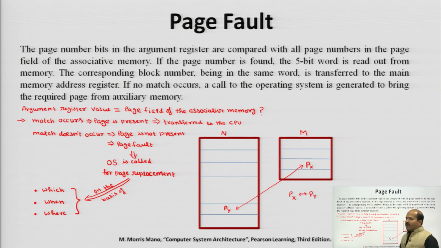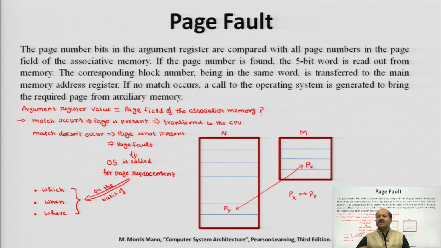And if a match does not occur, the virtual address is issued by the processor, and that page number is not available in the table. What will happen? Obviously, a page fault will occur. We have to replace the page, because that page is not available in main memory.